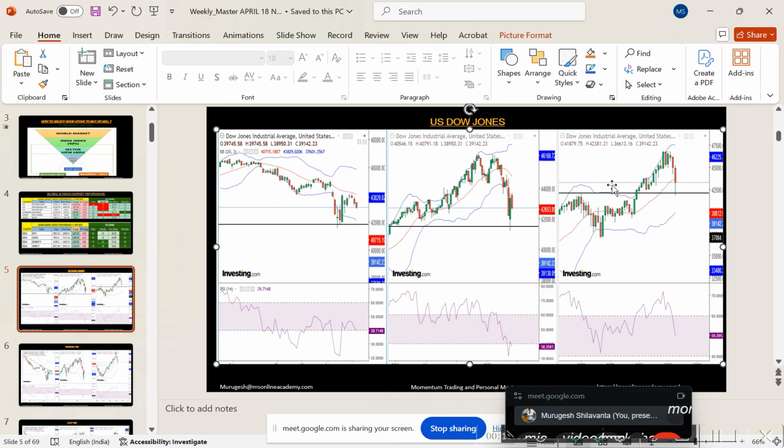Okay, this is the monthly time frame of Dow Jones. It took a support at CIP, and similarly, it looks like a bottom out actually. Wherever we had the previous support, near 42,000, it took a support, and there could be a sideways move from here.